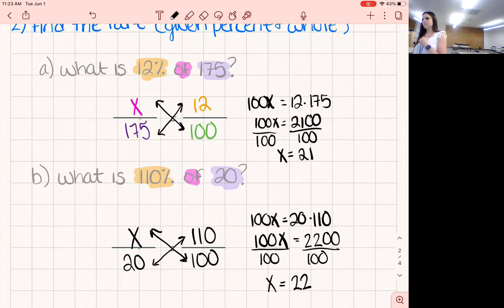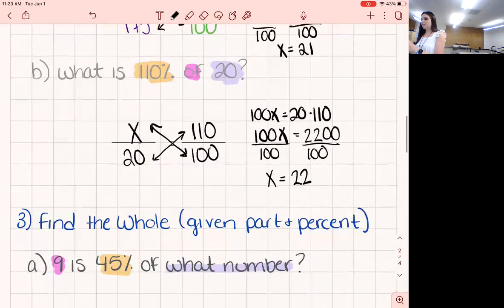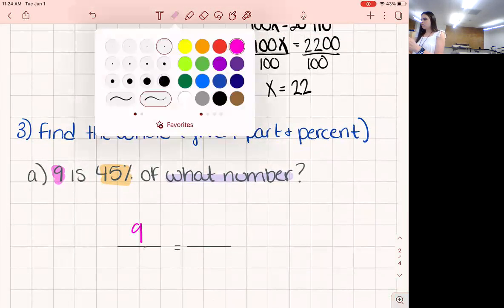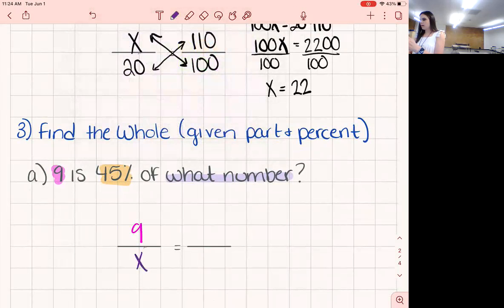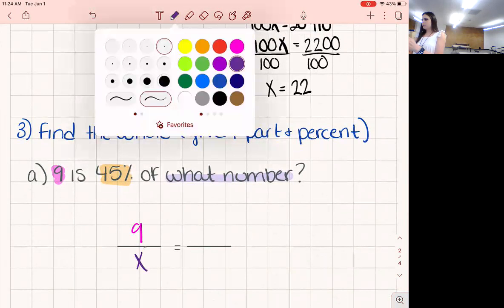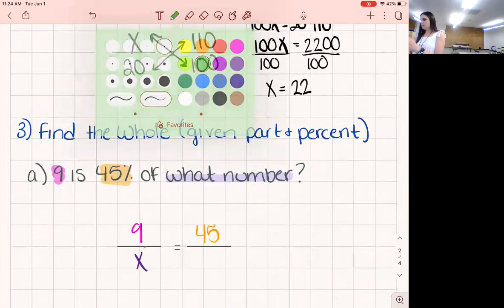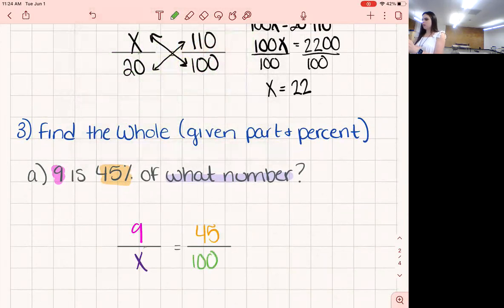All right, and the third type of problem is we need to find the whole. So this one looks like this problem. It says 9 is 45% of what number? When we set this up, we know the part is 9. We don't know the whole, so that's where the x goes. The percent is 45, and this bottom is always 100.